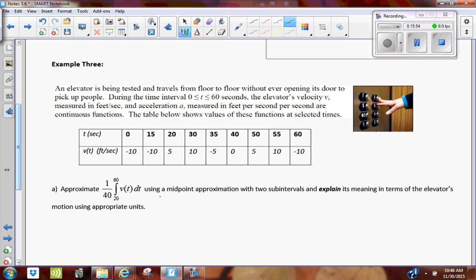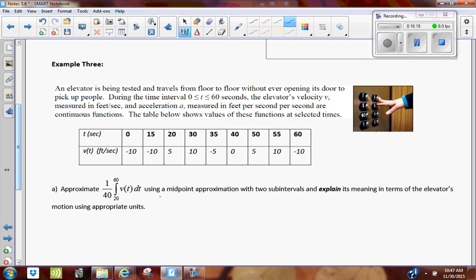An elevator is being tested and travels from floor to floor without ever opening its door to pick up people. So it's a continuous, although it does have to stop and move up and down floors, okay? But all right, this is for 60 seconds.